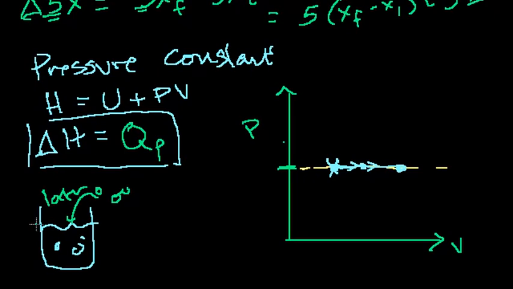So this is a very useful concept for everyday chemical experiments. It might not be so useful for engines, because engines always have pressure changing, but it's very useful for chemistry, for dealing with what's going to happen to a reaction at constant pressure.